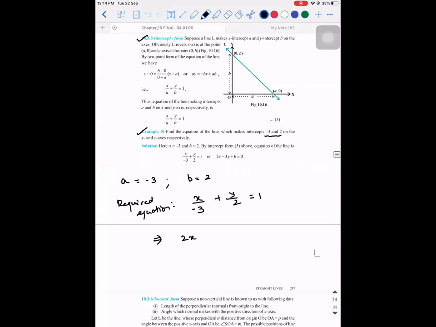So if you take LCM, 2x minus 3y is equal to -6. So 2x minus 3y plus 6 is equal to 0. Is it clear? Yes, sir.